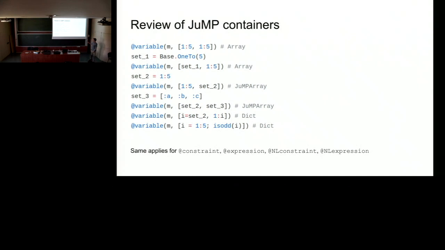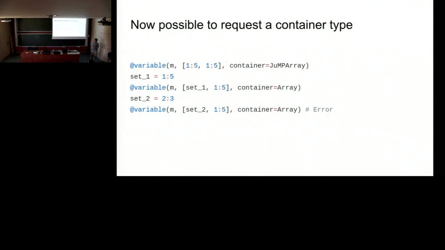And all this applies if you construct a block of constraints, a block of expressions, a block of nonlinear constraints. It's the exact same syntax and you get the same types out. On top of this, we've made it a bit more explicit that you can request a certain container type.